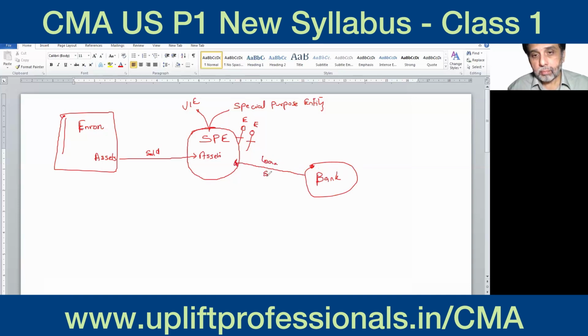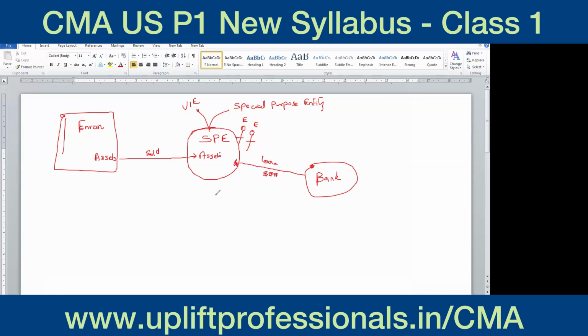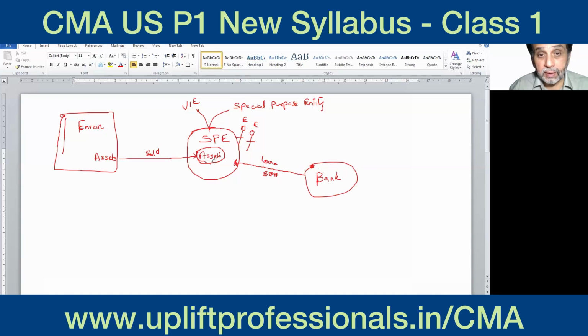But will the bank give loans just like that? You have to give security. Yes, they have to give something as mortgage. They gave these assets which they "purchased", in inverted commas. It's not a perfect purchase. They gave this as collateral to the bank.